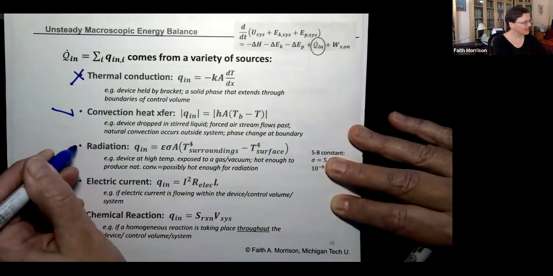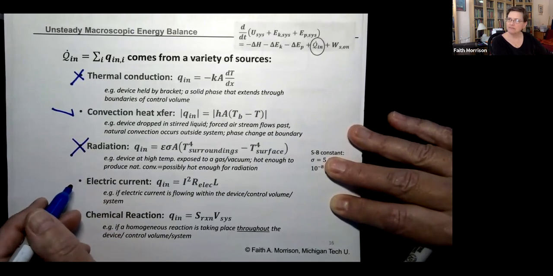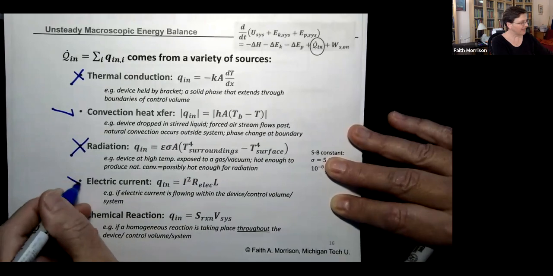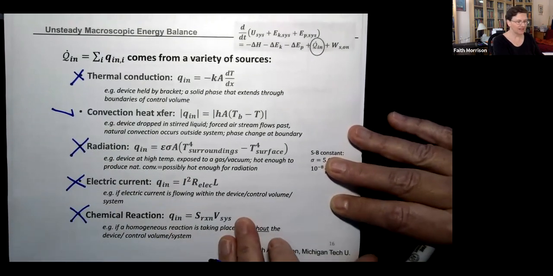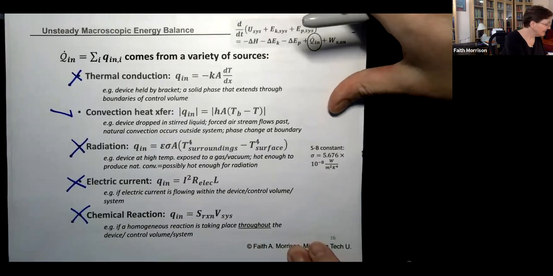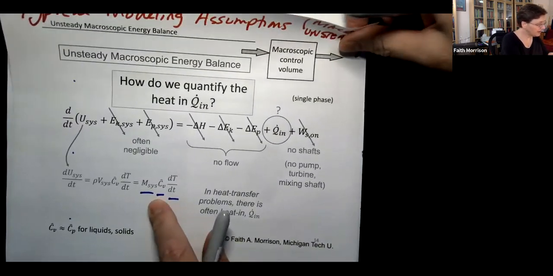So the radiation is also not important. There's no electrical potential. It's not like there's a battery or something going across the part that's drawing current through it, and there's no chemical reaction going on. So there's really only one Q. That makes it all just that much easier. So let's pull that together. So I'm going to pull this one.